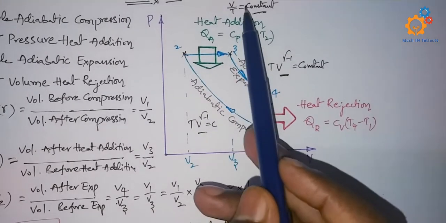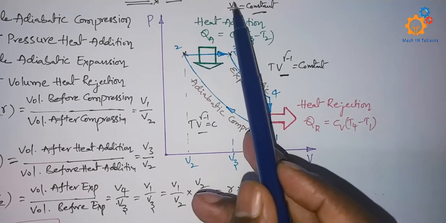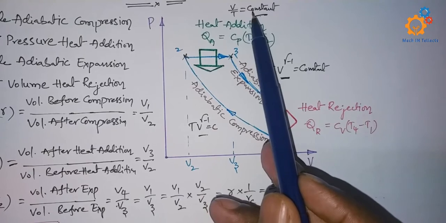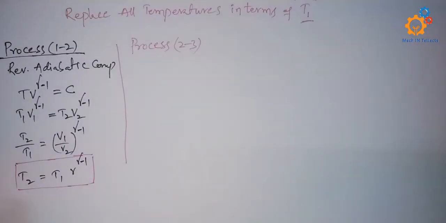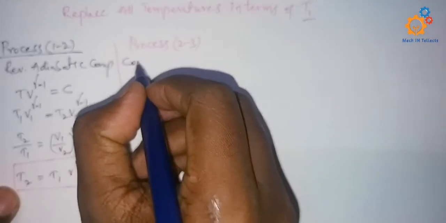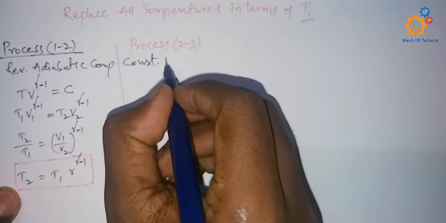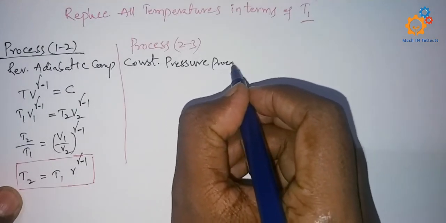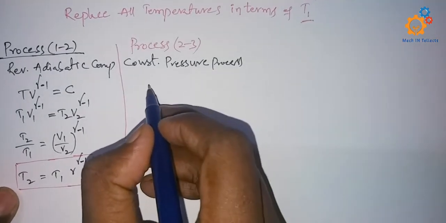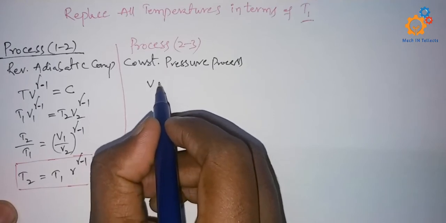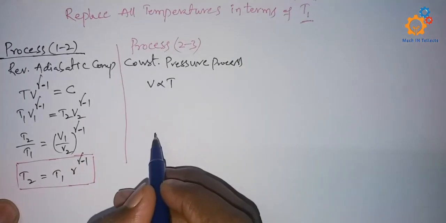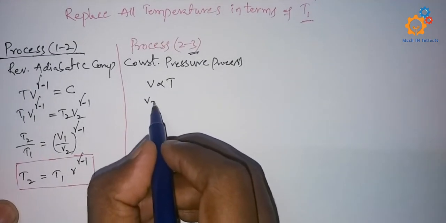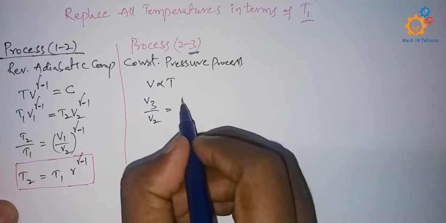Constant pressure means from the ideal gas equation I can write V by T is equal to constant, or V is directly proportional to T. So V3 by V2 can be written as T3 by T2.